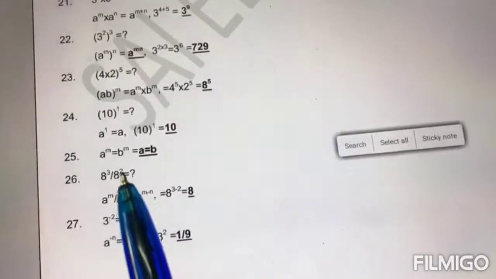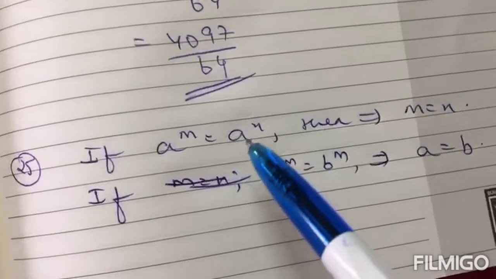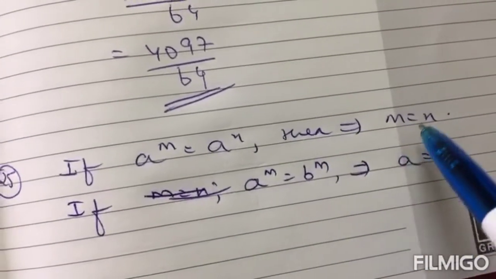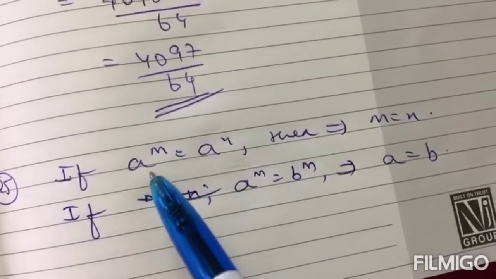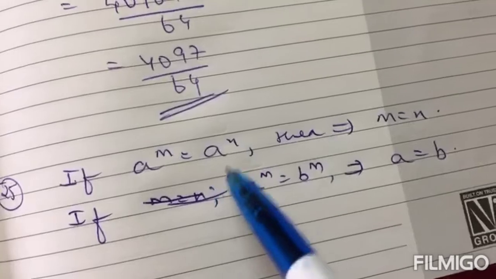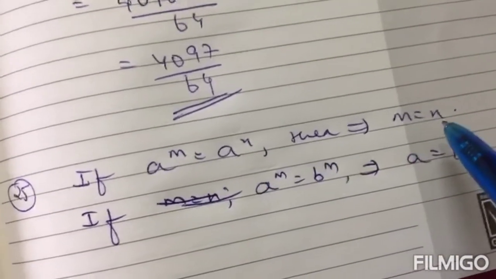Okay. Next, for number 25, let me tell you this. If a raised to m is equal to a raised to n, then this means that m is equal to n. For example, if 5 raised to m is equal to 5 raised to z, then m is equal to z.